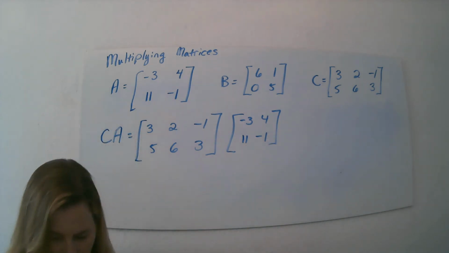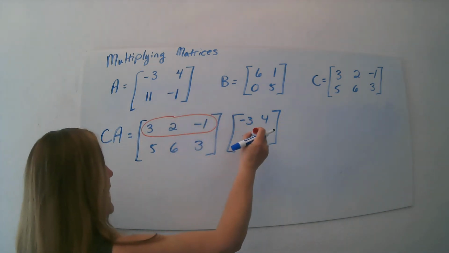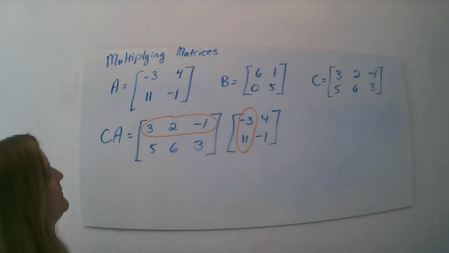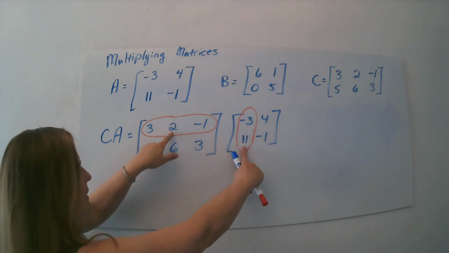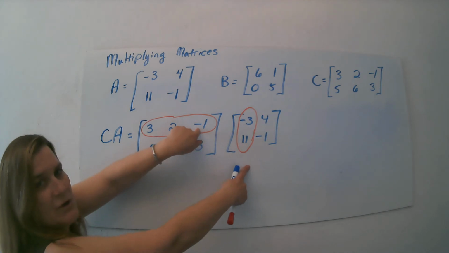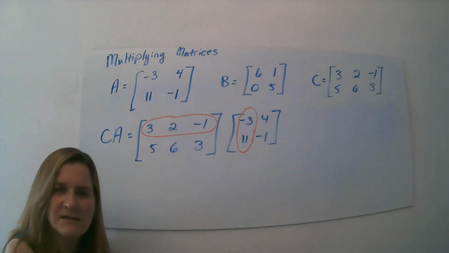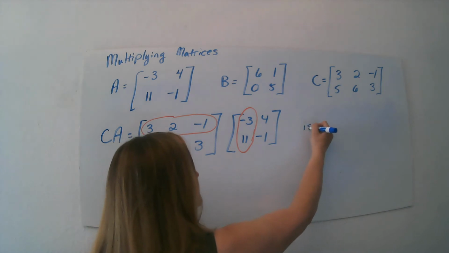And here we would go. We would use this row and this column. So let's see what we would have. We would have -9 plus 22, and you'll notice that we're shy an entry here. So in fact, we can't even do the multiplication. So we say that C times A is undefined.